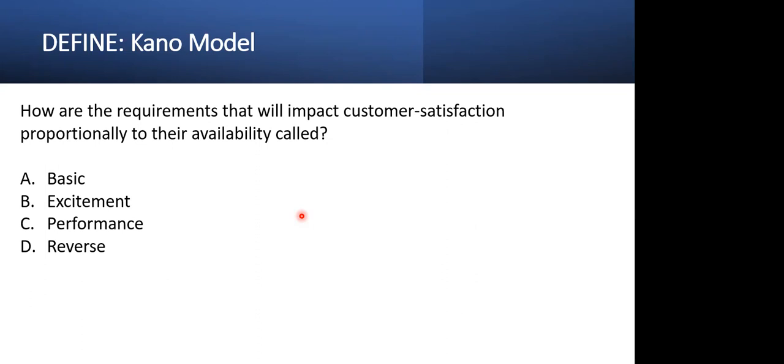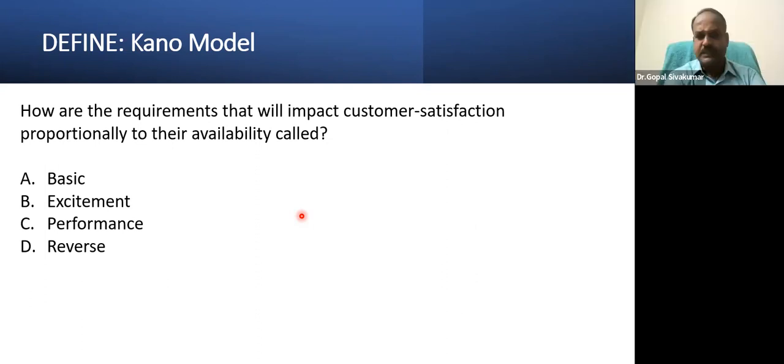Performance only, sir. The other name for performance characteristics is one-dimensional characteristics. You can also call it linear satisfier, right? All are the same. Linear satisfier means you do well, satisfaction goes up. You do badly, satisfaction comes down.